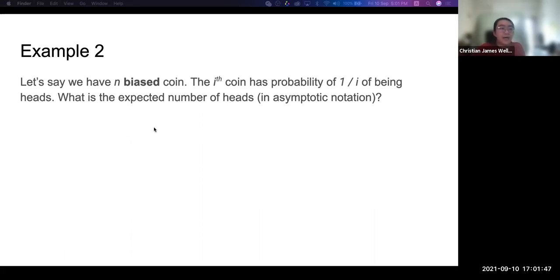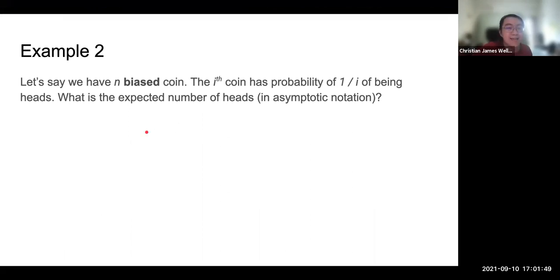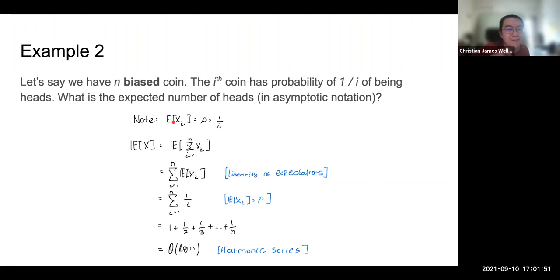Okay, so I'll go on with the slides. And someone has noted that I don't have a step-by-step slide, but this is how I did the working. So we note that the expectation of Xi is the probability, right? And by definition of how I designed the question, it's 1 over i.